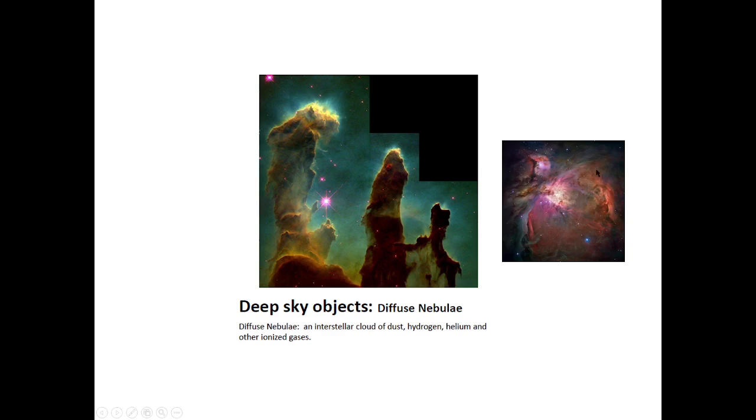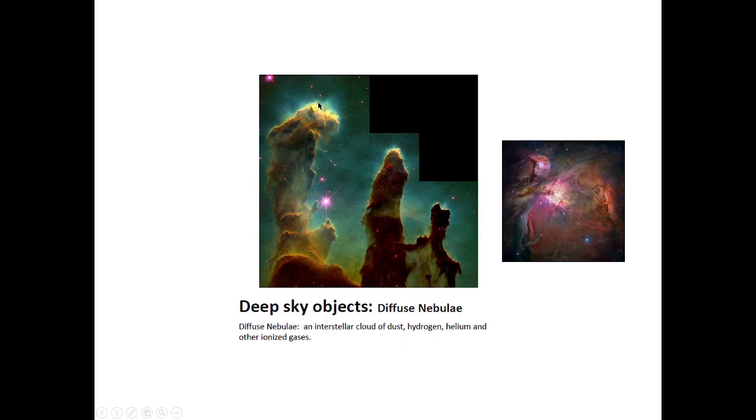The most famous one is the Orion Nebula, seen in the evening skies from late November all the way through early April. And then in the summertime, there are quite a few others, but perhaps the most famous one is the Pillars of Creation in the Eagle Nebula. And those you can see right here in this Hubble image.